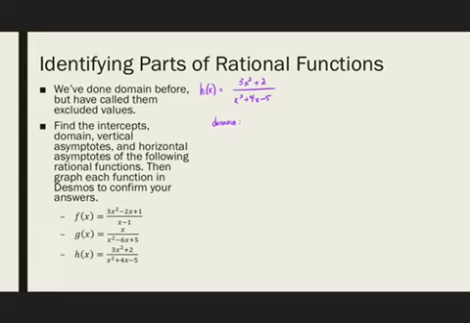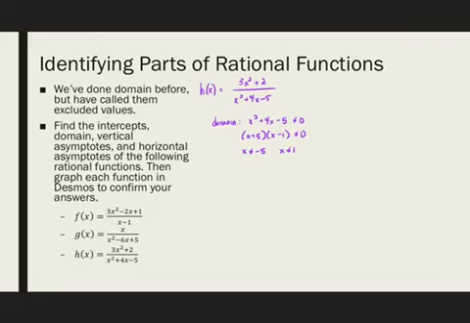So domain-wise, x squared plus 4x minus 5 can't be 0. So factors of -5 that add up to 4 are x plus 5 and x minus 1. So x cannot be -5, x cannot be 1.